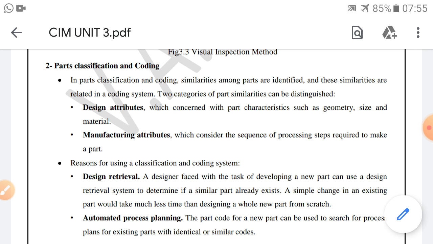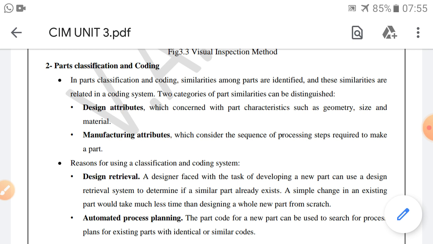In design attributes, we are characterizing with the help of geometry, size and material. For design, the main requirement is geometry, meaning shape.